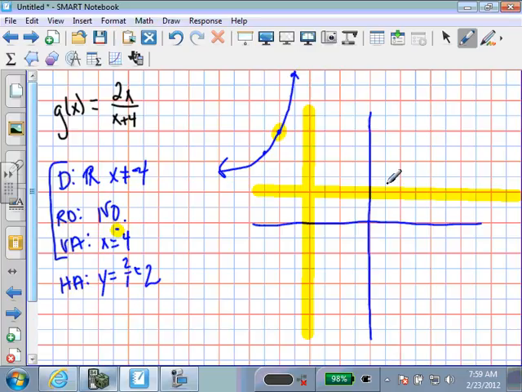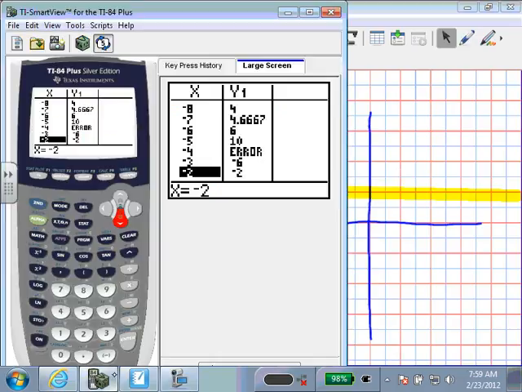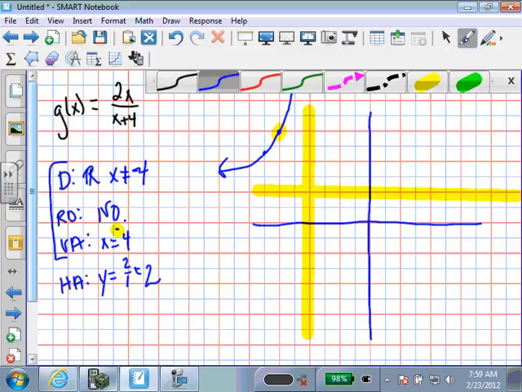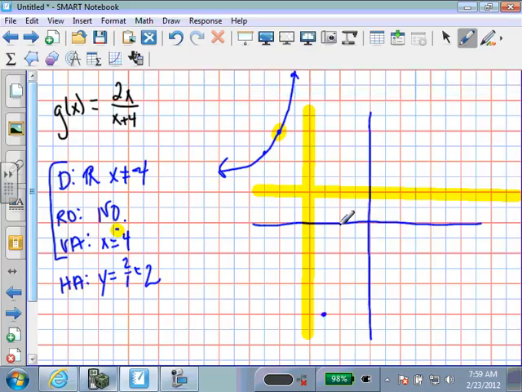And then on the other side of my asymptote, my table is showing negative 3 is at negative 6, and negative 2 is at negative 3.